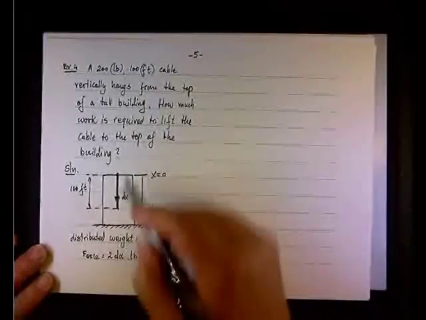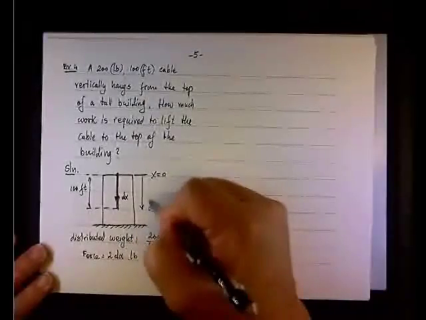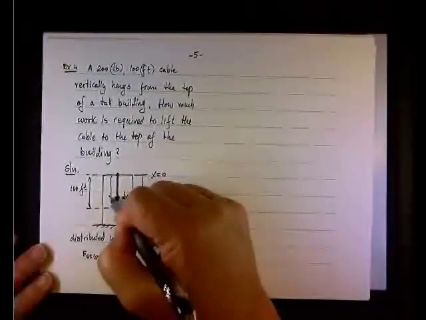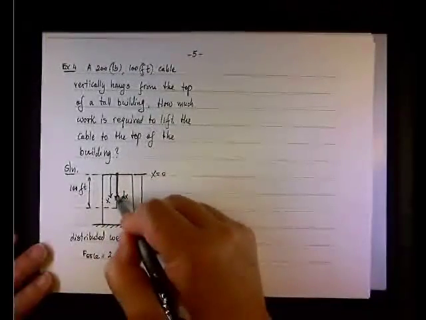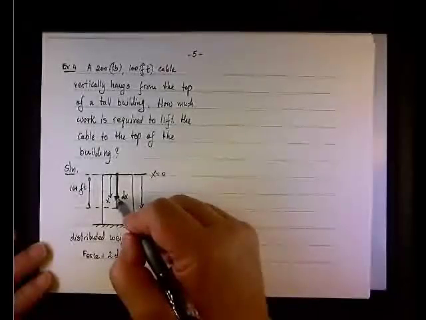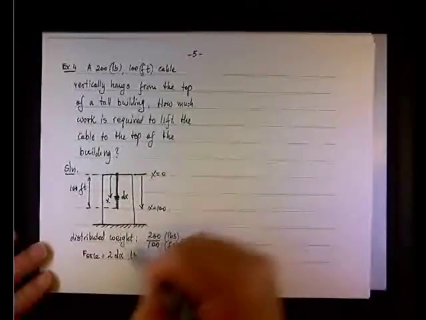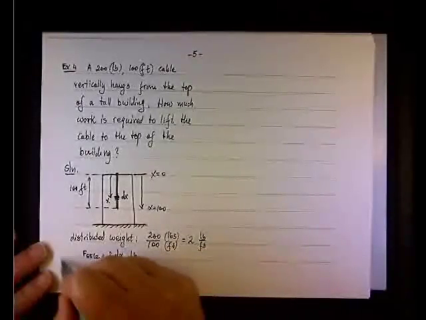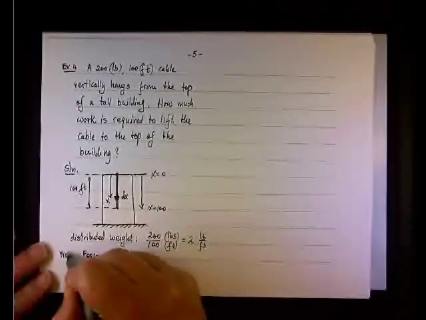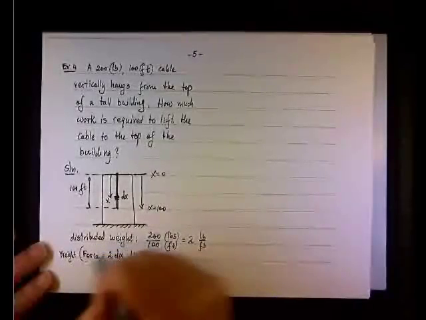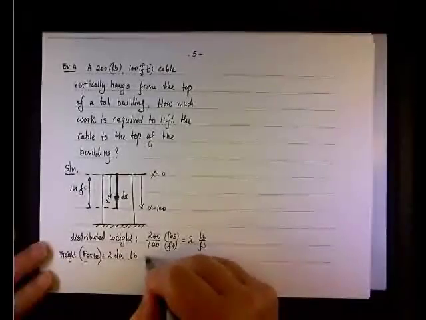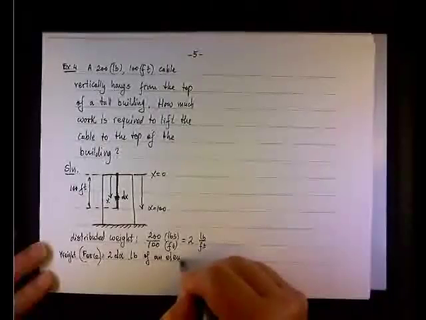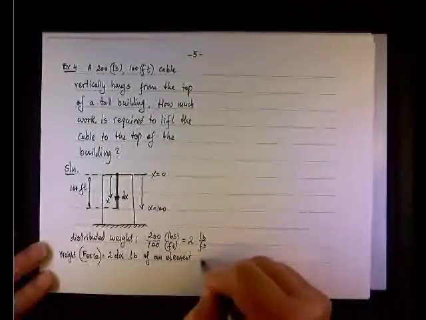We have the force, and the distance that it will go to go from here to the top is what? X. No. We don't know the position of this dx. We picked this dx at random. Okay? We know the weight of this little element, or the force, or weight. So this is the force of an element dx.